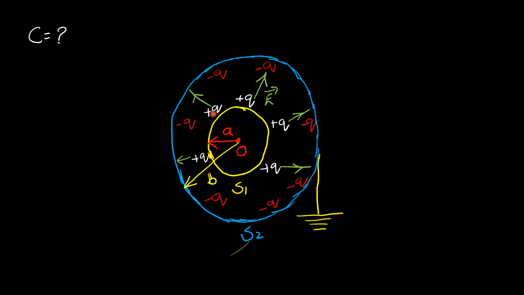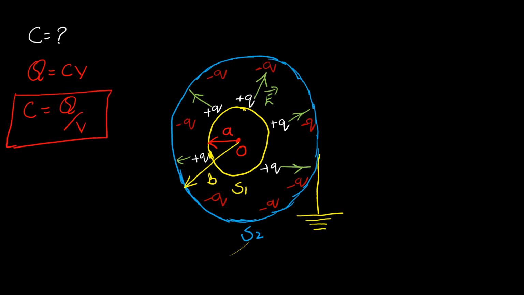Children, please keep in mind that there will be a potential difference between the conducting sphere S2 and the conducting sphere S1. As you know, for a capacitor Q is equal to C into V, whereas capacitance C is equal to charge divided by potential difference.